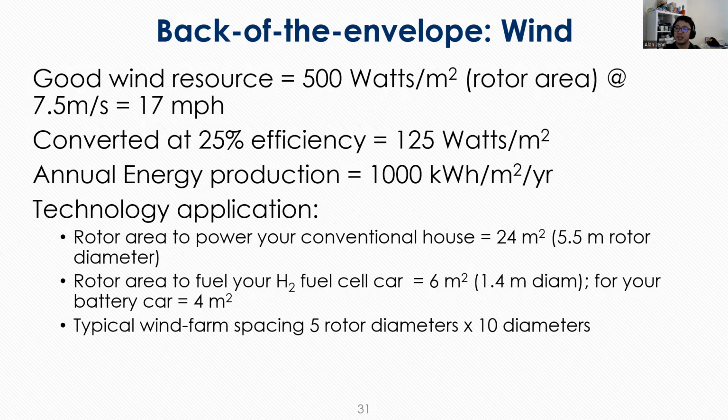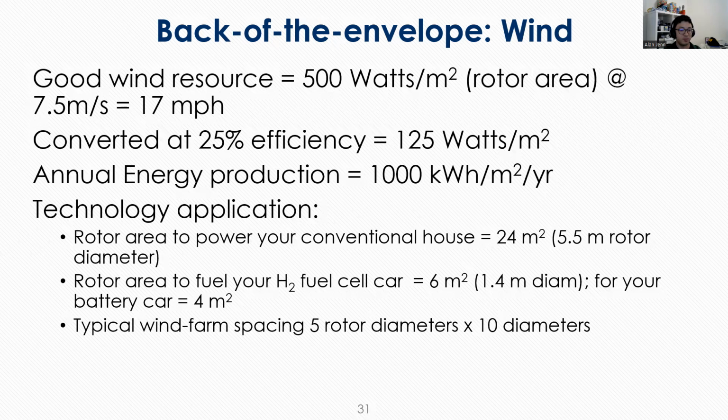And so if you think of this as the size of a rotor of your wind turbine that needs to power your conventional house, you would need a 24 meter squared rotor for your house, right? And so if you square root that, you're talking about like a 5-ish meter rotor diameter.